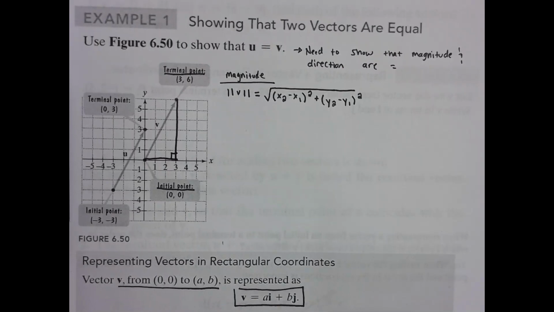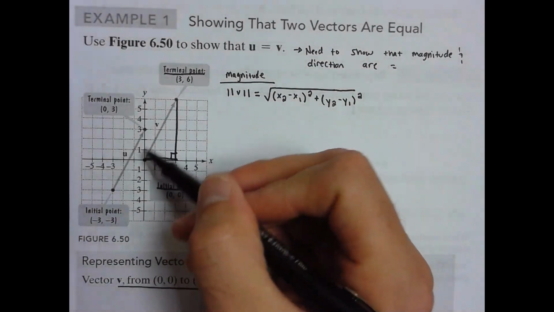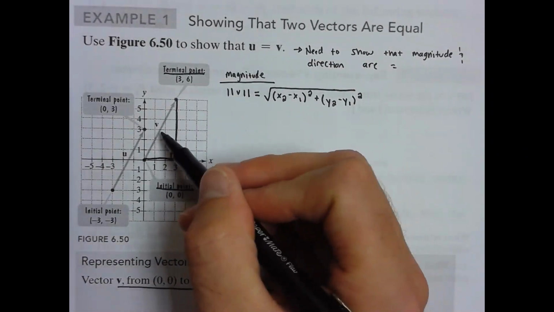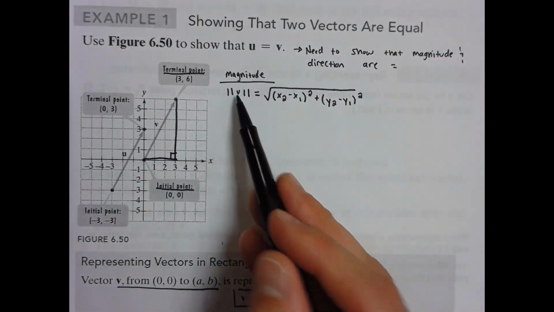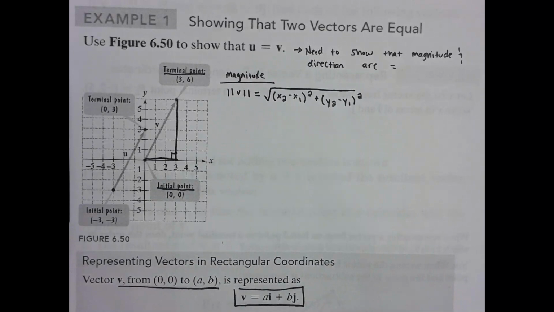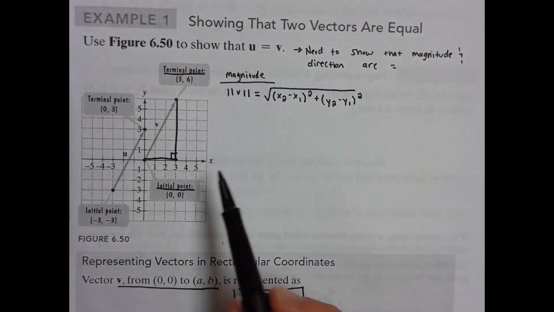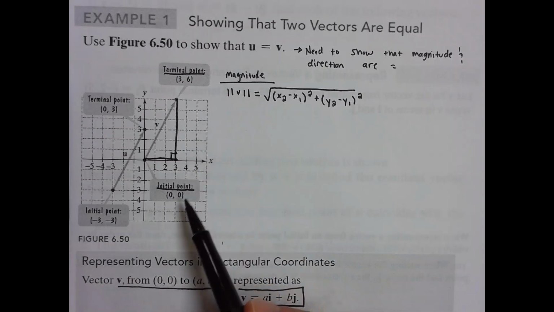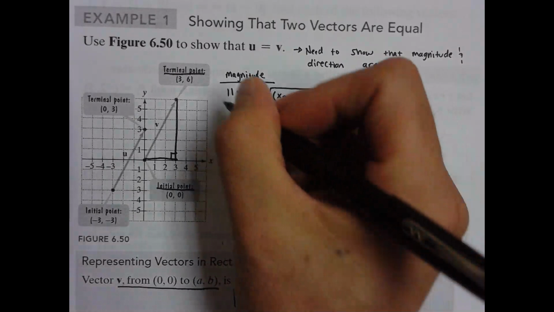To find the length of the hypotenuse, a squared plus b squared equals c squared, with c squared being the magnitude, a squared being the horizontal component, and b squared being the vertical component. This method will work as long as we have the initial and terminal point, so we can find the magnitude pretty easily. Let's go ahead and work through this.